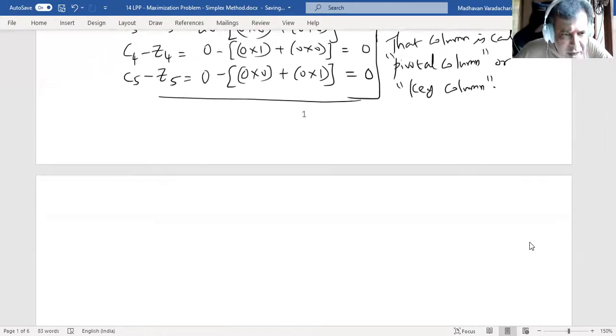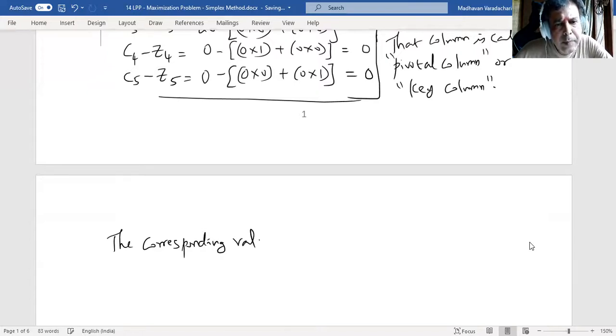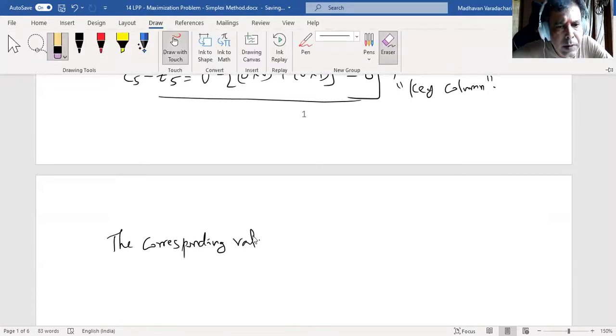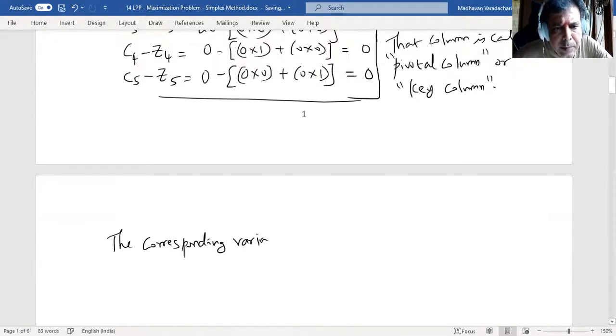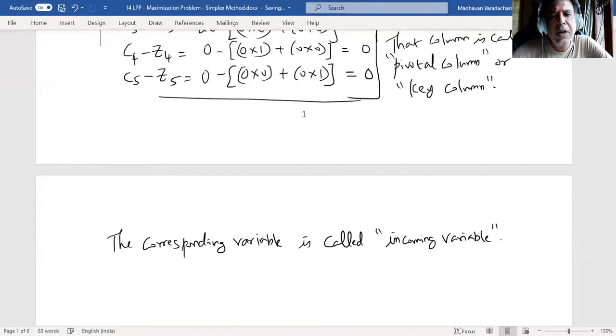The corresponding variable is called incoming variable.